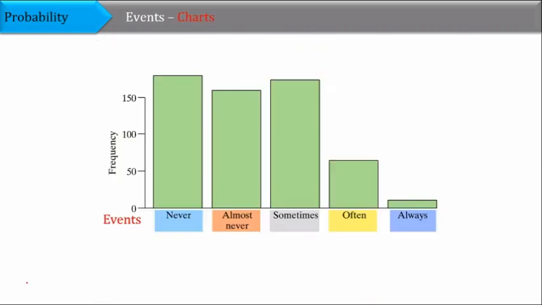If we consider charts, this is a simple bar chart, and these are responses on a questionnaire, and the options were never, almost never, sometimes, often, and always. And we had the number of people selecting these options. Then each one of these can also be considered an event. All of them combined will be the sample space.